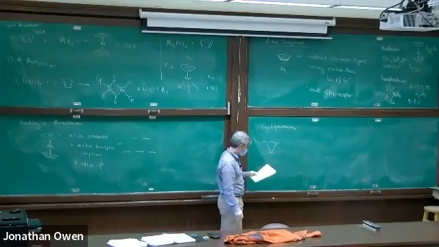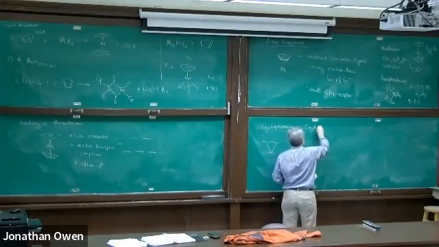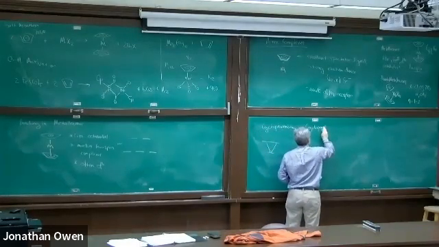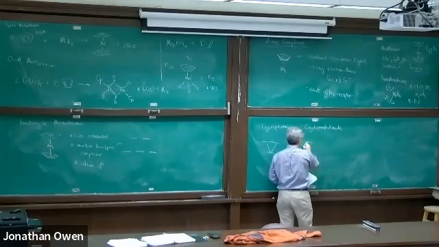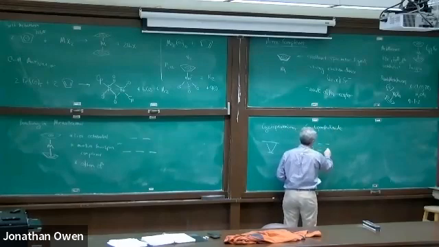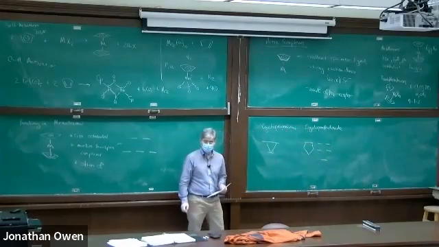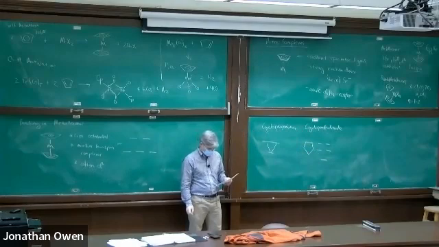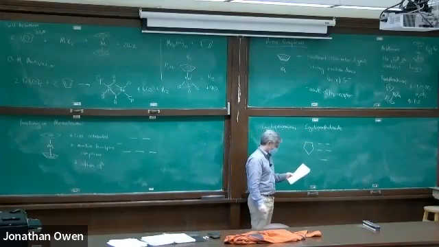For cyclopentadienyl, it looks like that. One level for each of the 5 carbons, and so on and so forth.